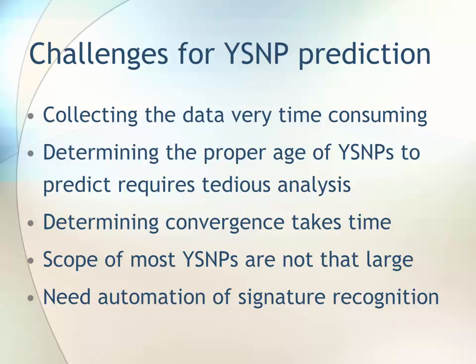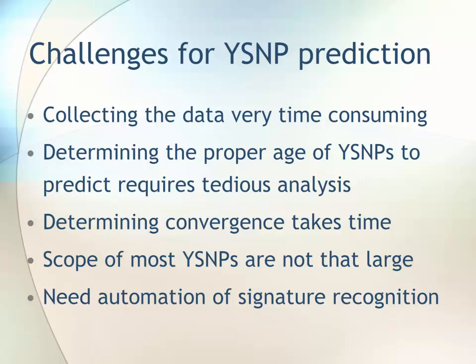there are hundreds and hundreds of haplogroups that could be predicted. They only have 5 or 6 or 10, which could be predicted, but accuracy may be a little questionable. But there are just so many of them that it takes a lot of time to do SNP prediction across the whole haplotree.